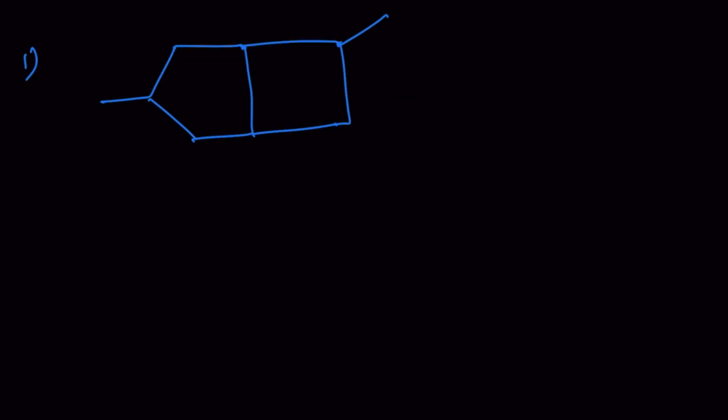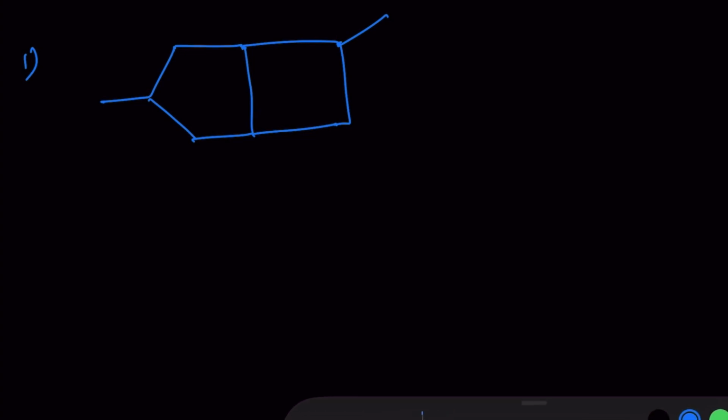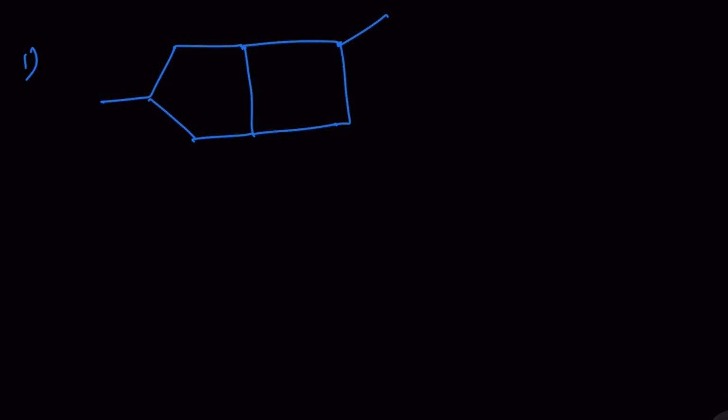Let's discuss some examples. Let's say this is our molecule. How to give the IUPAC name for this? Let's start numbering from the bridgehead. We have to go on the largest ring 1, 2, 3, 4, 5, 6, 7.